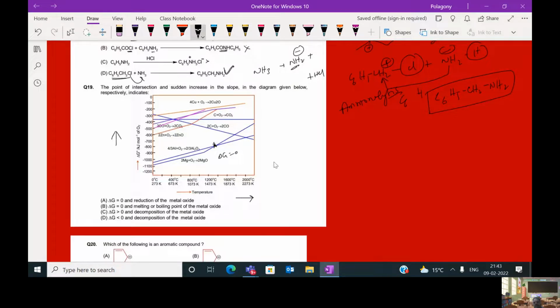Suddenly the metal oxide changes from solid state into liquid or even vapor. This is the melting and boiling point of the metal oxide. B is the appropriate one.